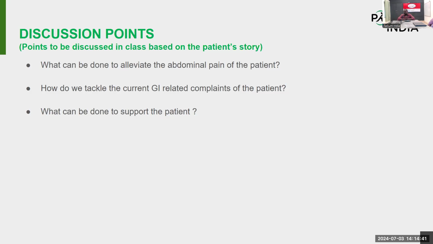Okay, once we diagnose that this patient has incomplete intestinal obstruction, Dr. Swamitra, was an oncology opinion taken for this patient?